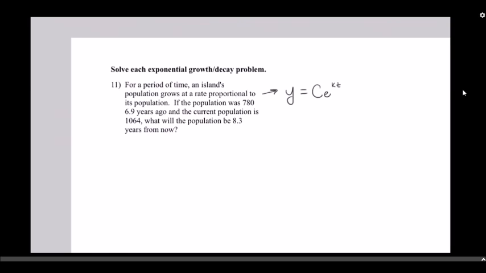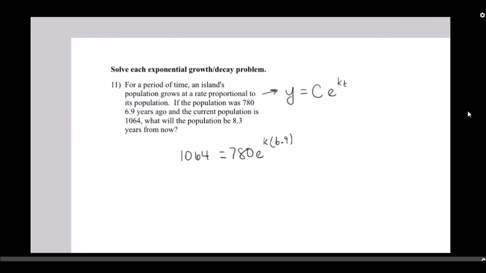So if we use this phrase right here, if the population was 780 6.9 years ago, and the current population is 1064, so if we say the initial population is 780, then the future population is going to be 1064, and that happened in a period of 6.9 years. The only remaining variable is k.